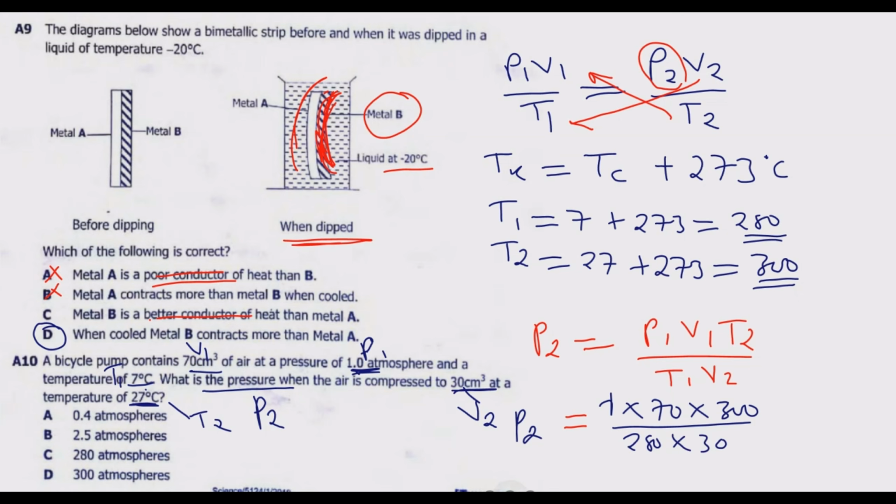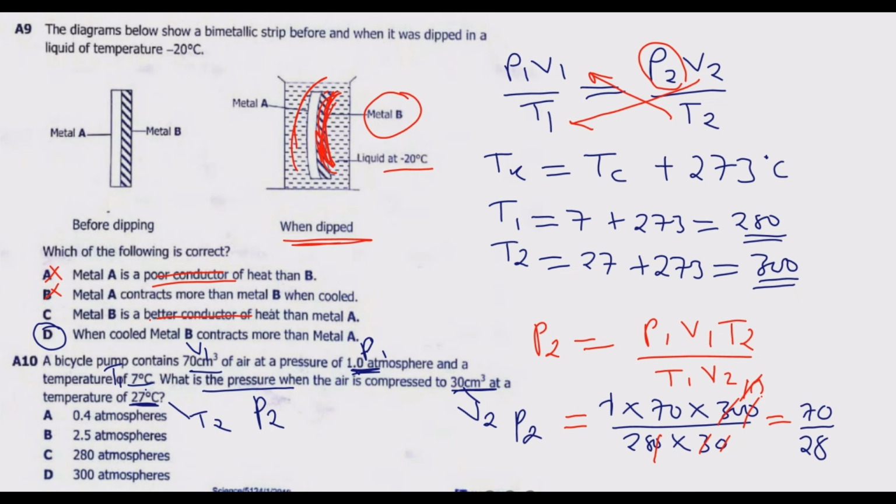At this point you can just start cancelling. 3 into 30 is 10. Then this and that cancel. Then what we have is 1 times 70, which is 70, divided by 28 times 1.